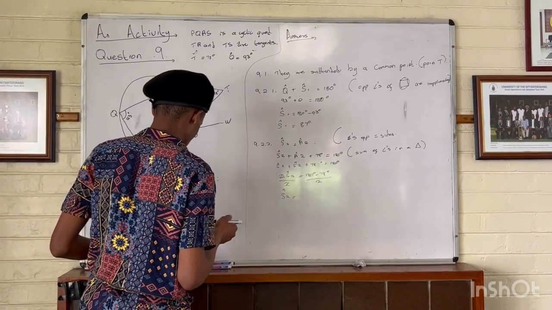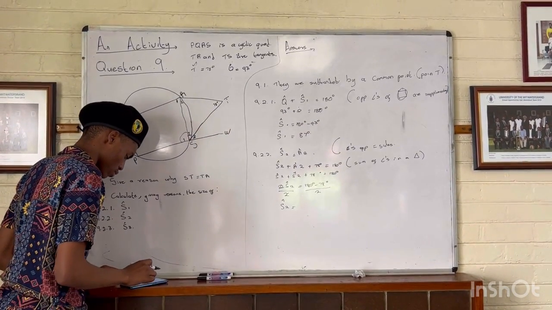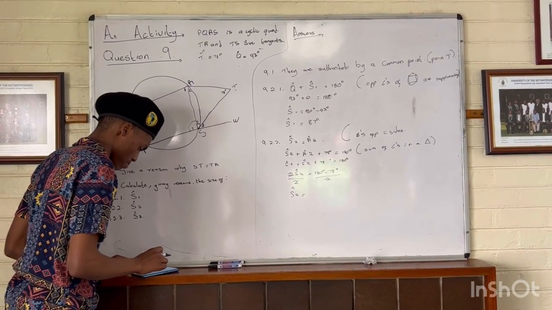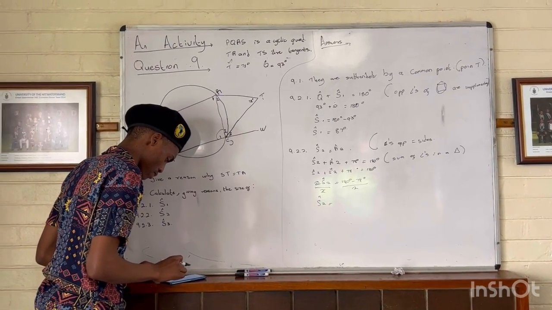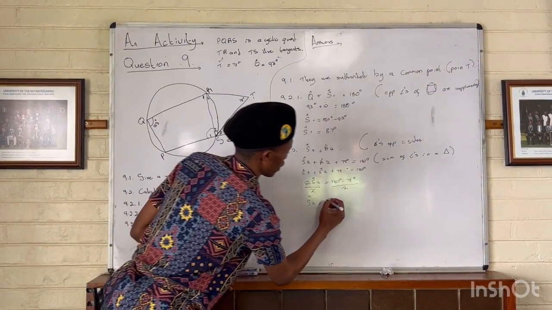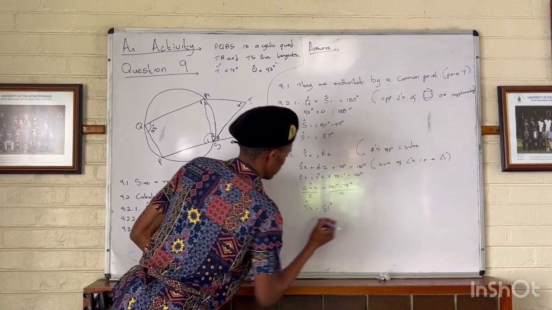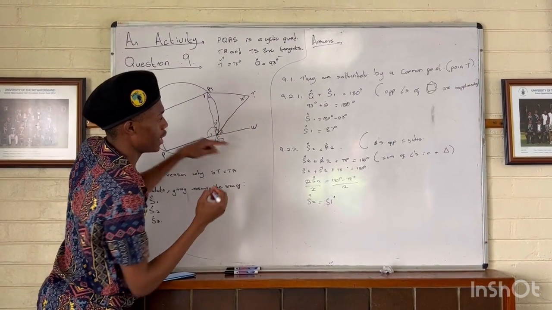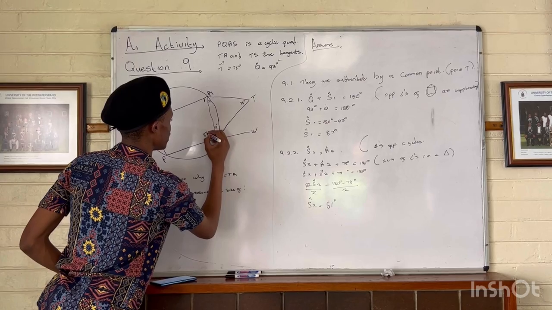Our answer is 51. Then it means that S2 is 51 degrees and S1 is 87 degrees.